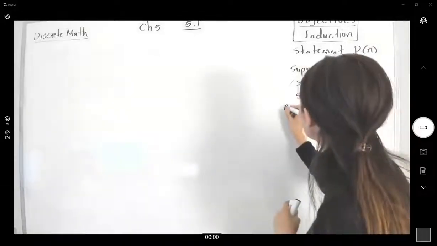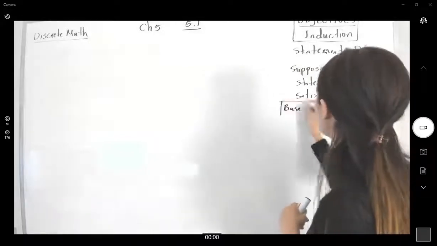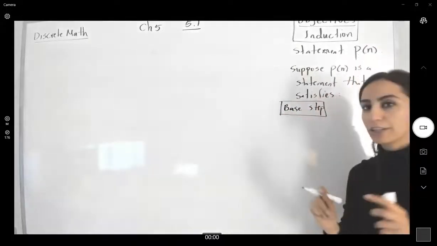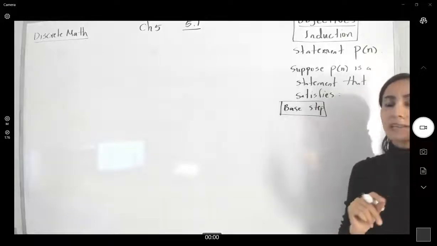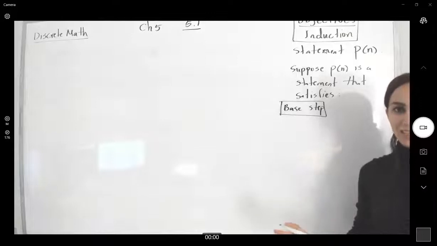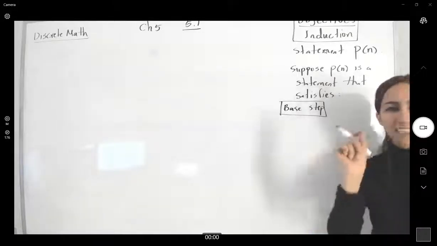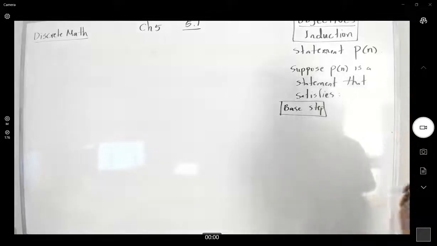What is the base step? The base step is the very first step, where you take the smallest value in your domain and you show that P is true for that smallest value in the domain.